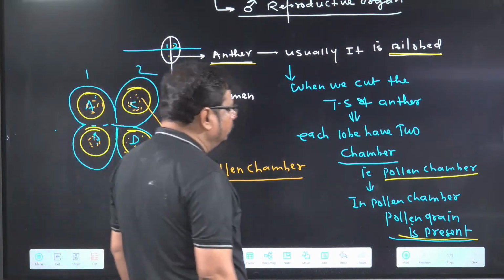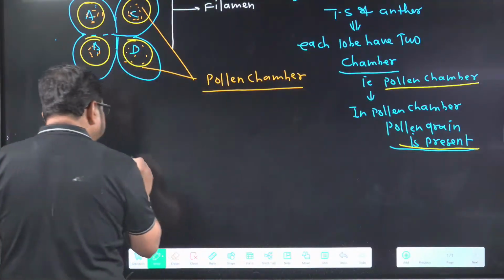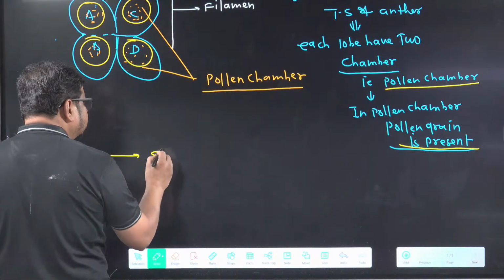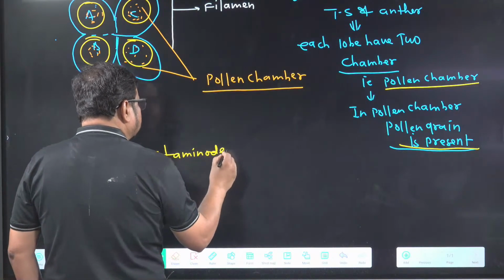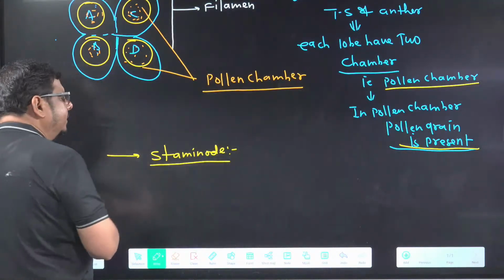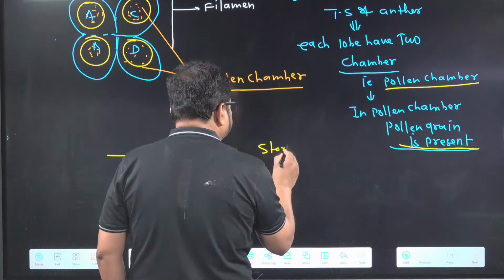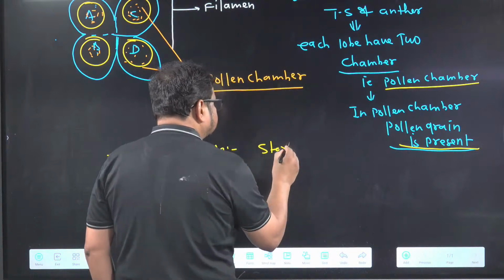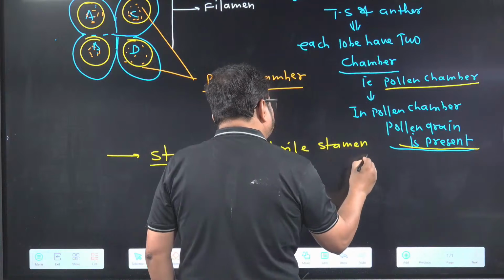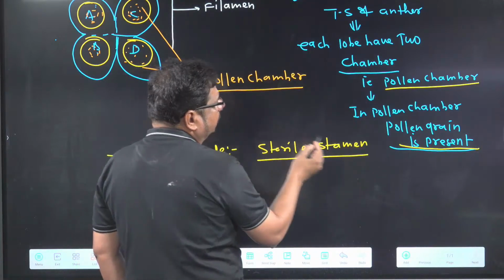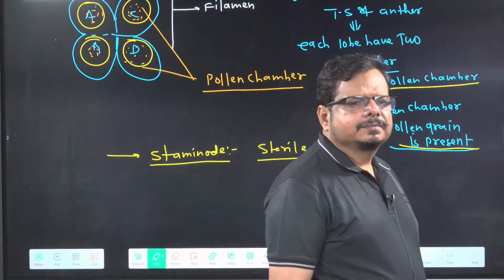Now we are going to move ahead. Are you aware about a term, staminode? Staminode is basically a sterile stamen. Means such kind of stamen which is not going to produce pollen grain. Getting the things or not?